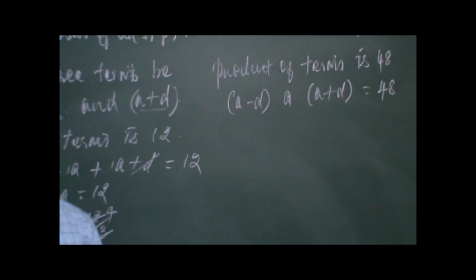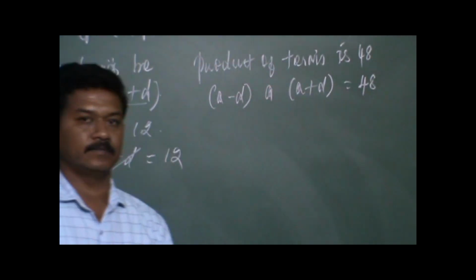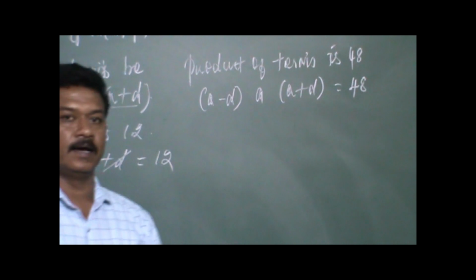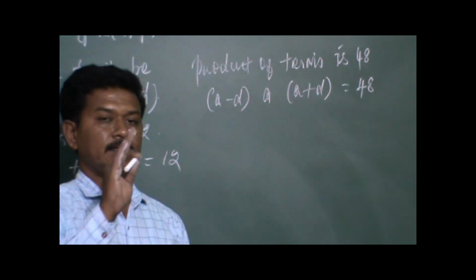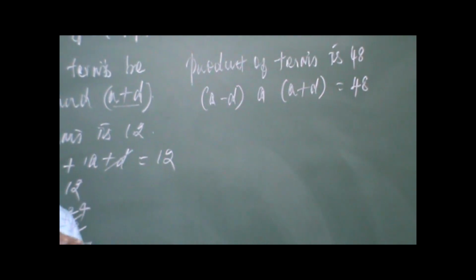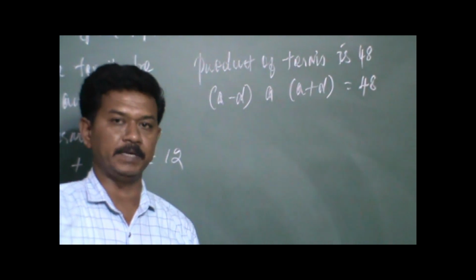In your 8th standard class in algebra, you have come across certain identities: a plus b whole square, a minus b whole square, and a very peculiar one, a square minus b square. So a square minus b square can be written as a plus b into a minus b.